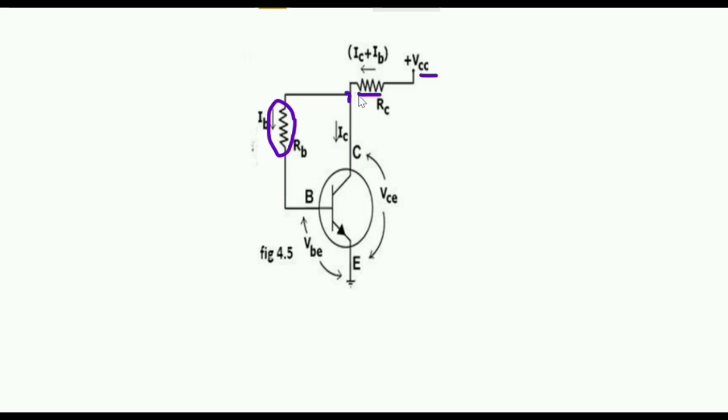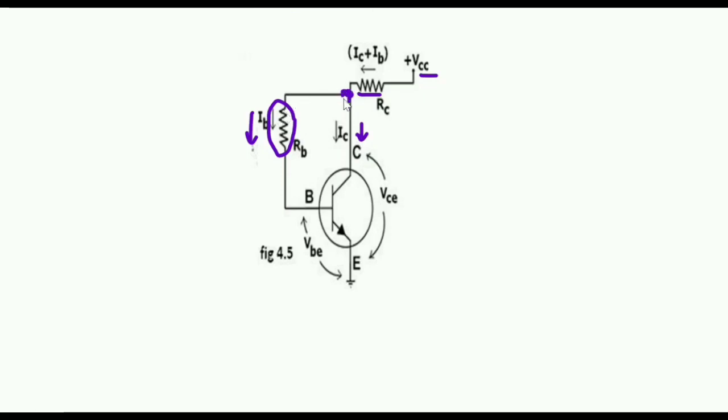Assume this is the collector current IC flowing through the collector terminal of the transistor, and this is the base current IB flowing through the base of the transistor and through the base resistor, that is RB.